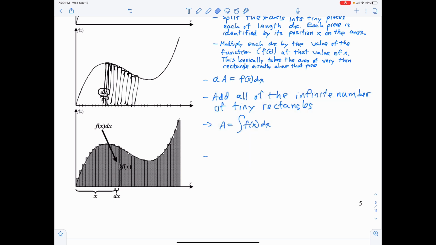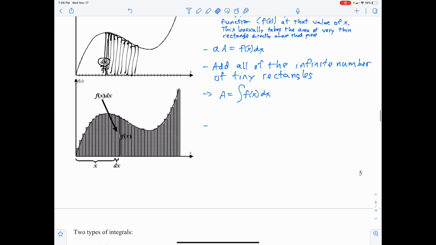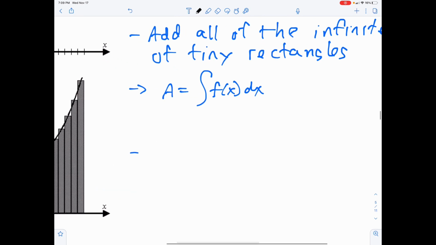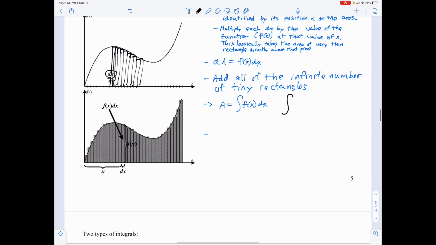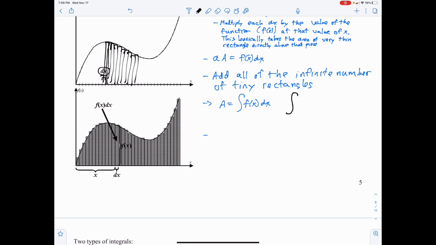Add up all these infinite number of tiny rectangles, and we get the area under the function is equal to the integral. The integral is drawn as this symbol here that looks like an elongated S, and that really is a symbol to stand for sum, because you're summing up an infinite number of these tiny skinny rectangles.